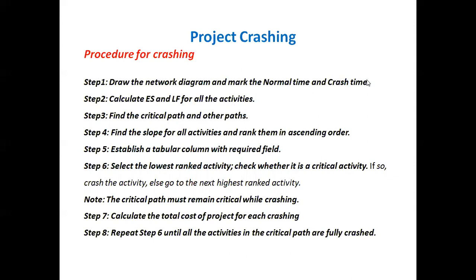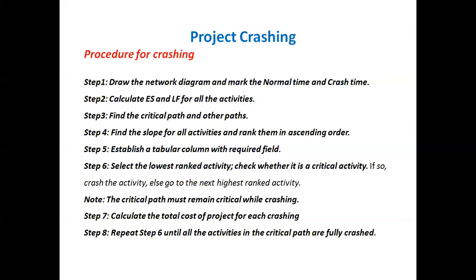We know that the cost slope is the ratio of the difference between normal cost and crash cost to the difference between normal duration and crash duration. After finding the cost slope for all the activities, we give the rank in ascending order. That means the lowest cost slope activity will be given rank 1 and the highest cost slope activity will be given the last number.